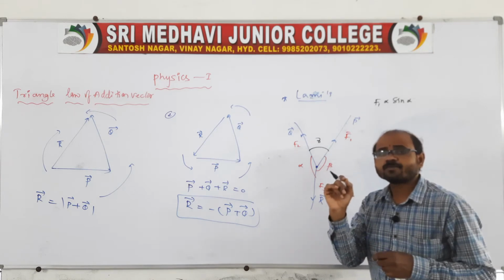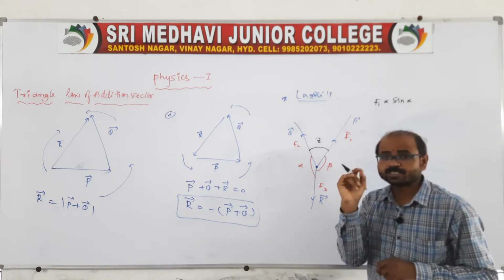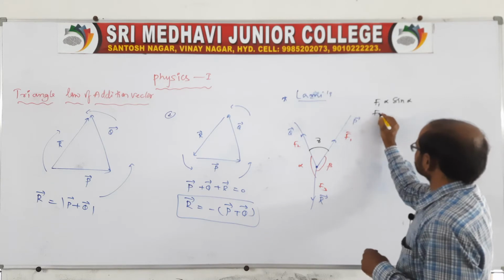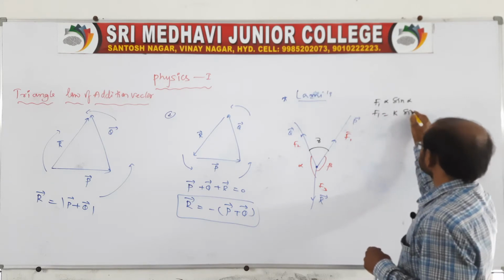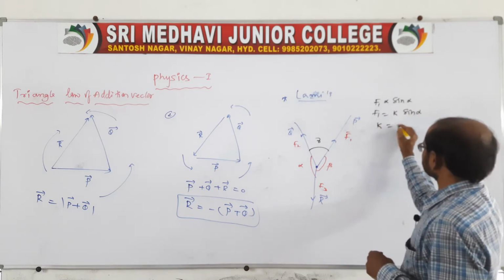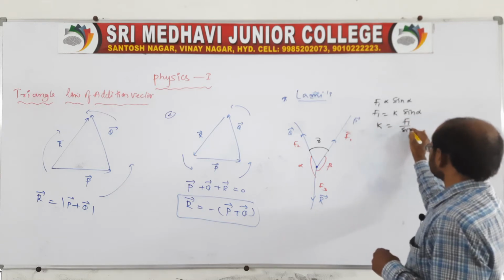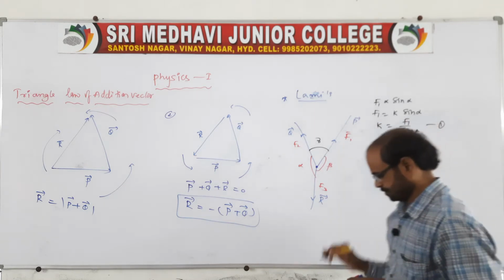From here we can write F1 equals k sine alpha, so k is equal to F1 by sine alpha, which we take as equation 1.